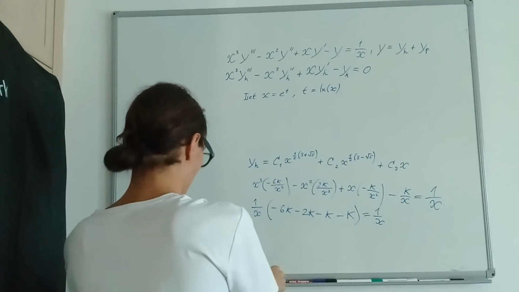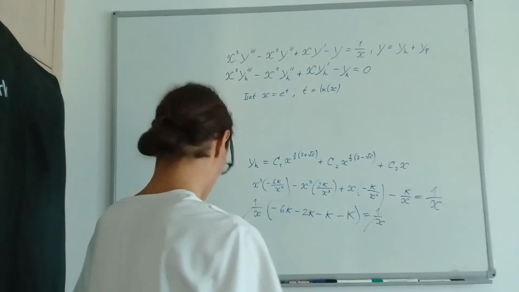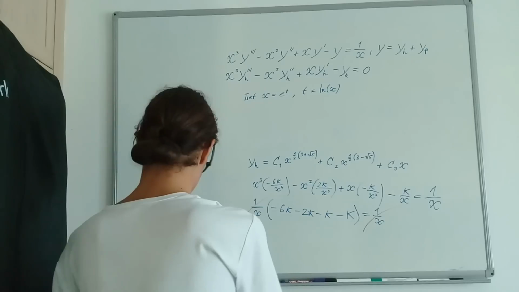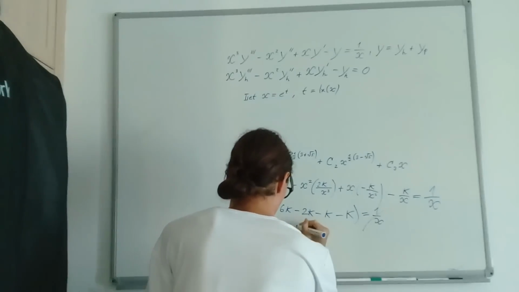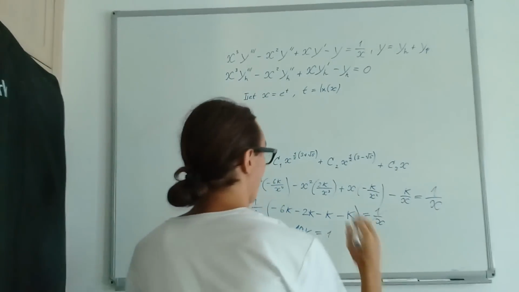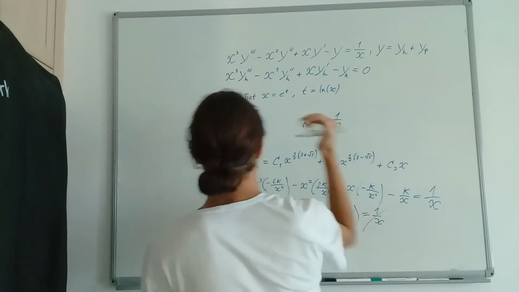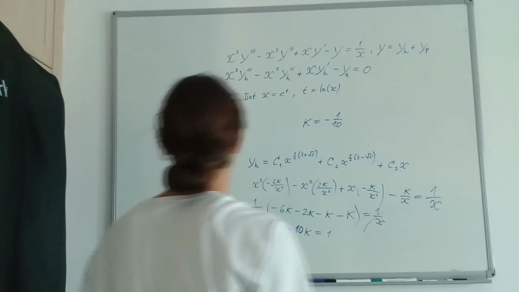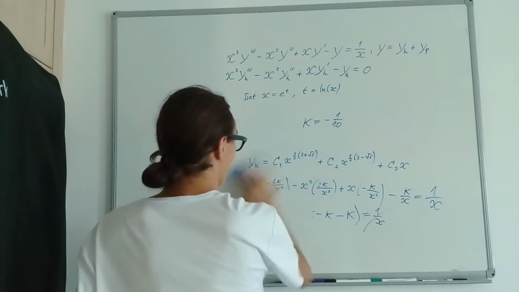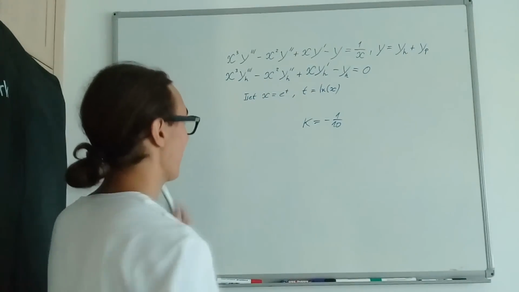As Dr. Payan would say, bang, bang, get out of this room, get out of this house, and we get that minus 10k is equal to 1, such that k is equal to minus 1 over 10. So we got our k.